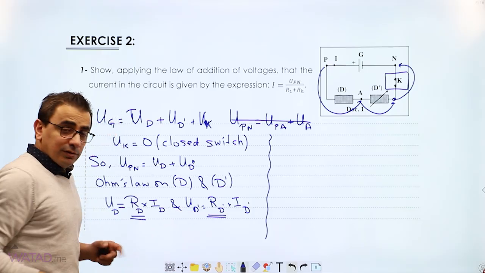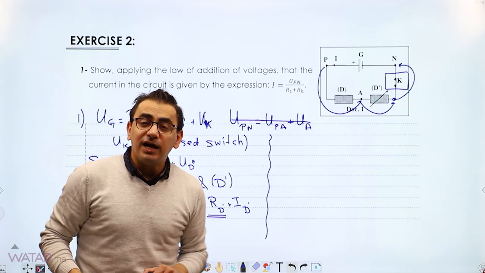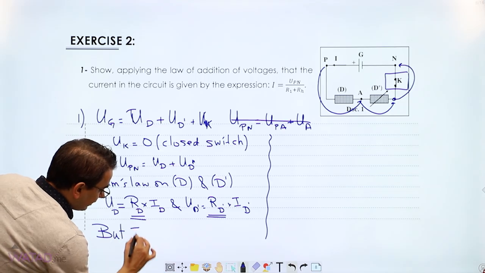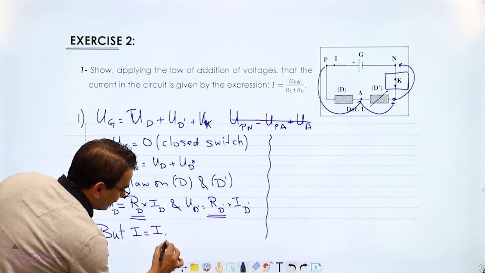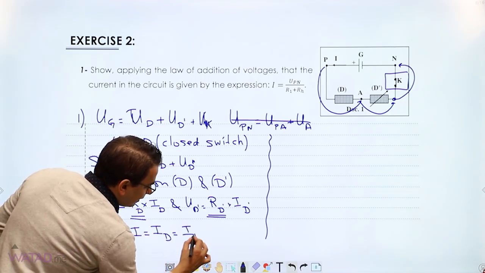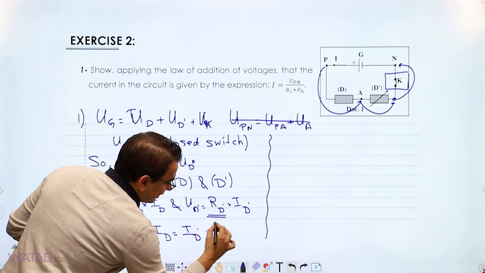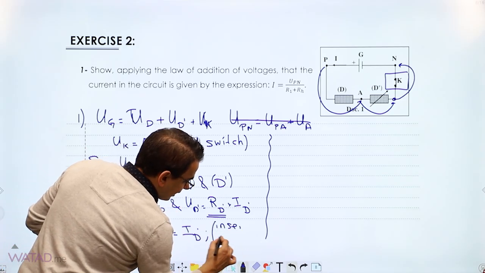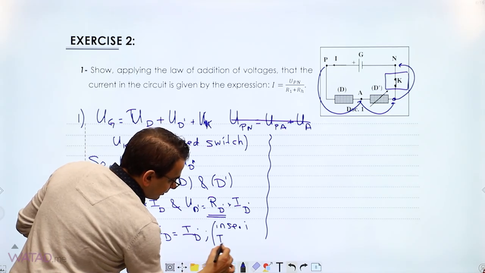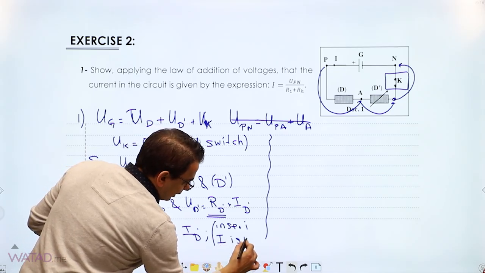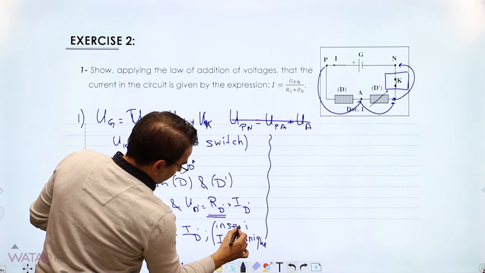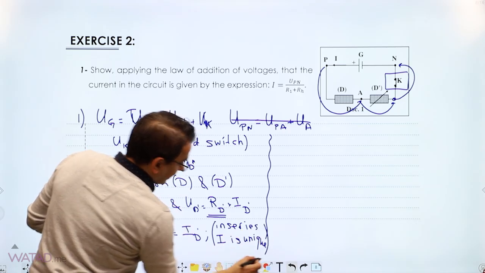That's cool. I'm just missing the values of the currents. But current I equals ID prime, because we are in series. In series, current is unique. Okay?